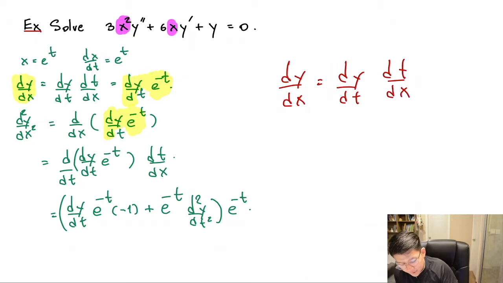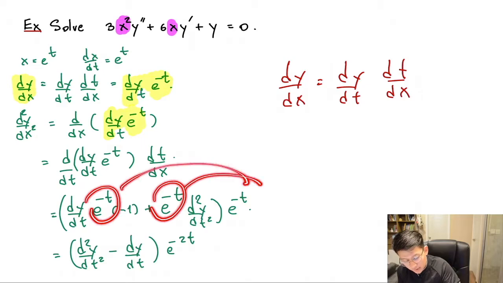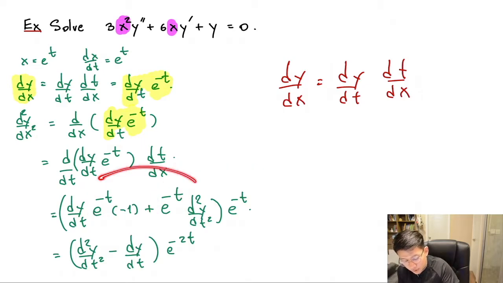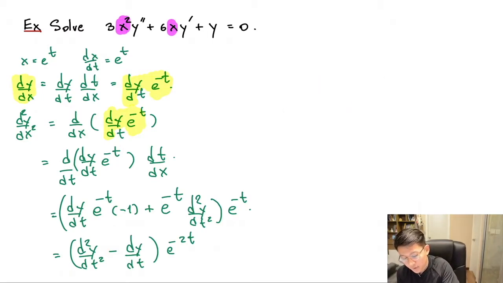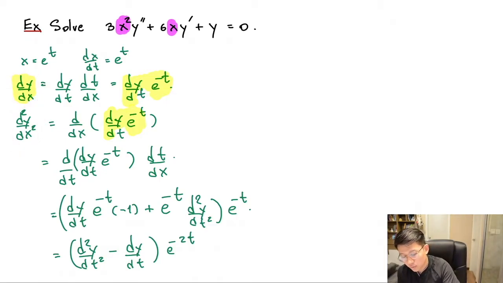So what we have here is d2y by dt2 minus dy by dt, times e to the minus 2t. I basically pull this guy out and swap these two terms because we have minus here, so I put it in the second term. And then once we have the second derivative of y with respect to x, we can just plug into the equation.